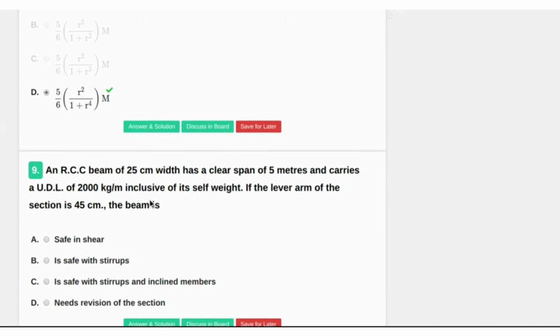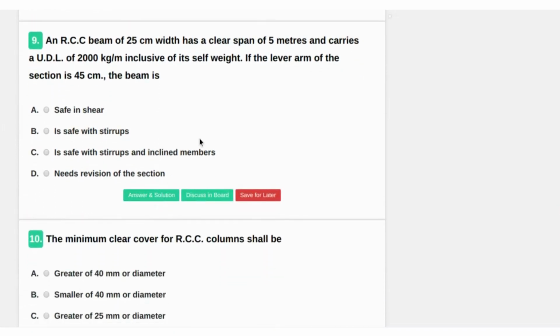An RCC beam of 25 cm width has a clear span of 5 meter and carries UDL 2000 kg per meter inclusive of its self-weight. If the lever arm of the section is 45 cm, is the beam safe in shear?